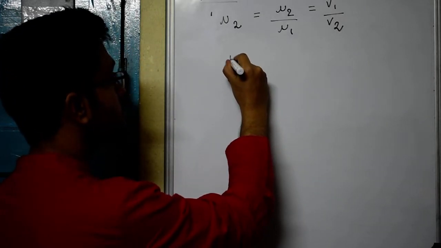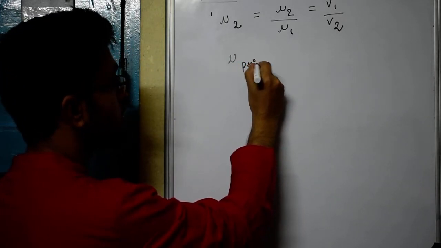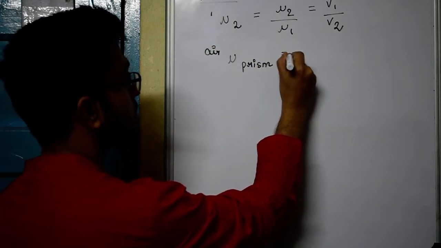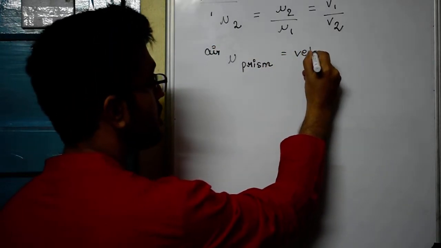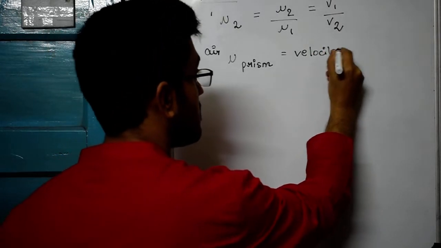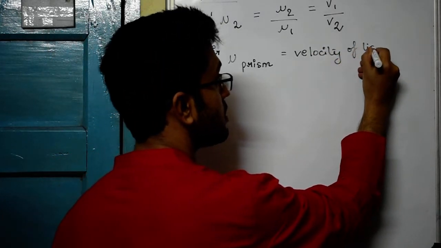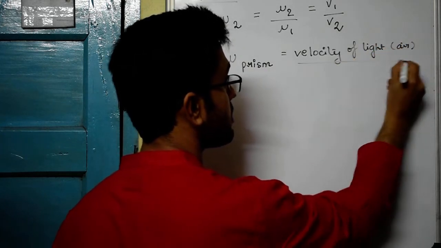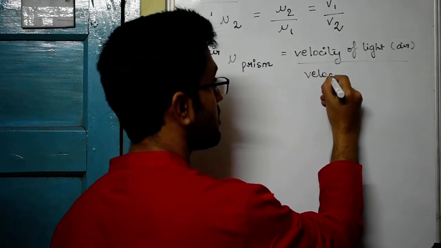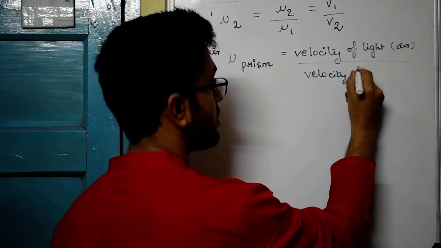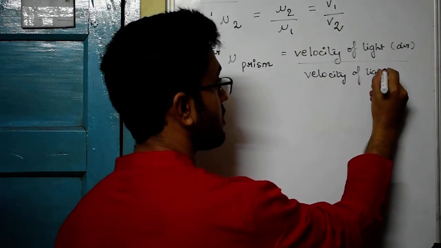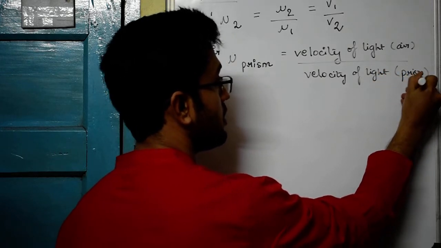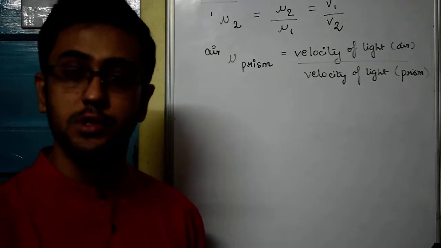So in this case, mu of prism with respect to air is equal to the velocity of light in air divided by the velocity of light in prism.